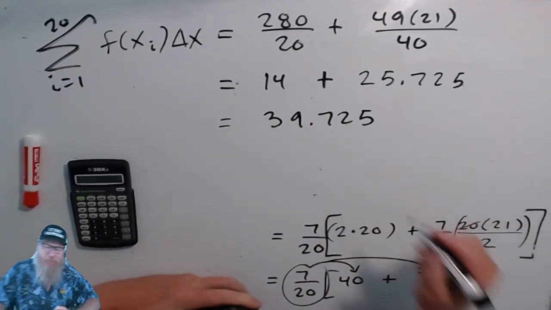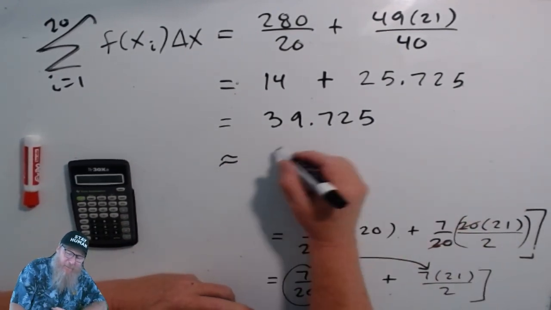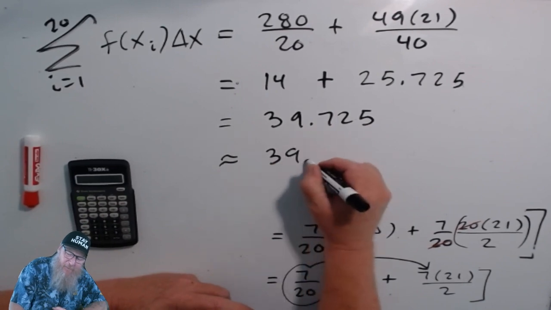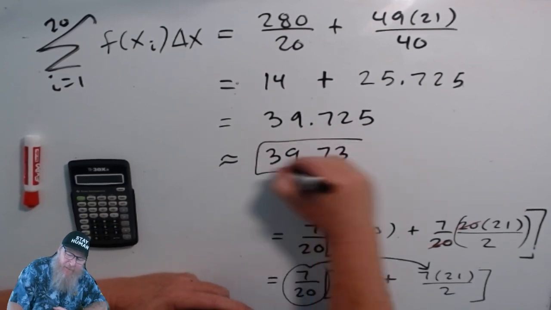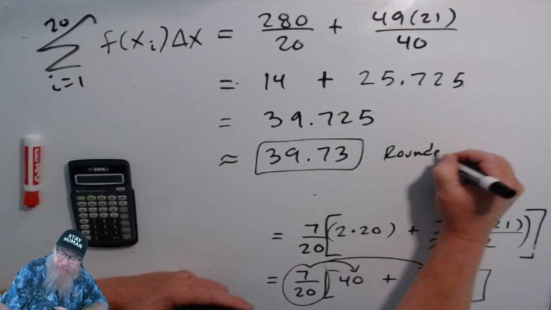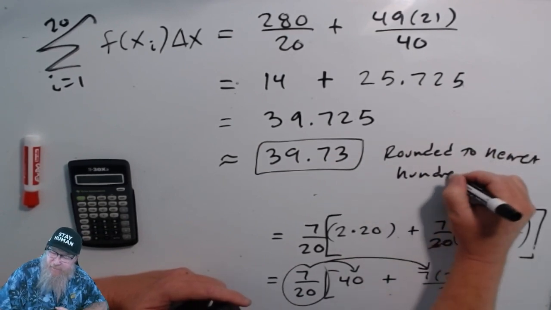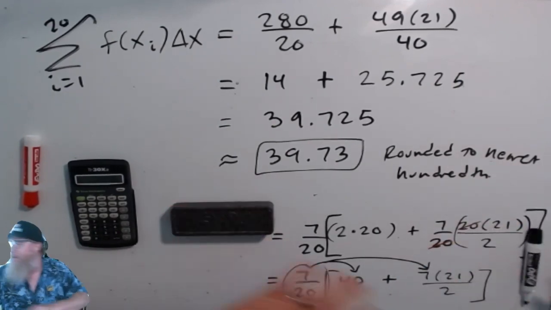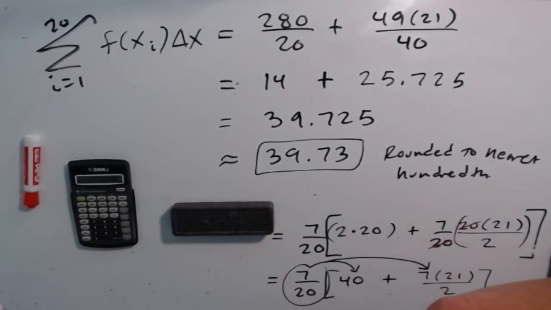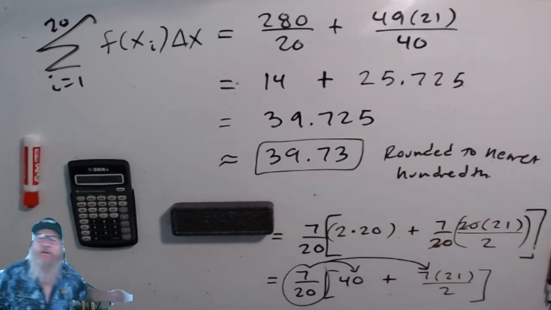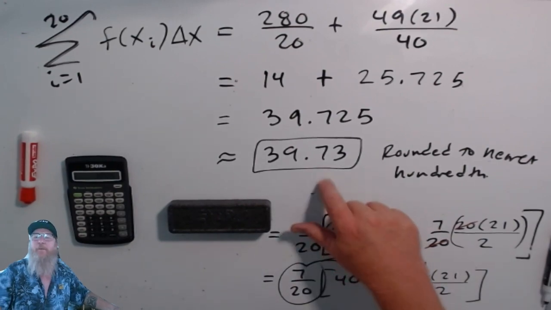I guess I've been rounding to the nearest hundredth, so I would probably do 39.73. That's rounded to the nearest hundredth. It's been so long since we started this process, I can't recall what the instructions were. Just a quick double check. Yep, rounded to the nearest hundredth. Yep. So this would be rounded to the nearest hundredth.